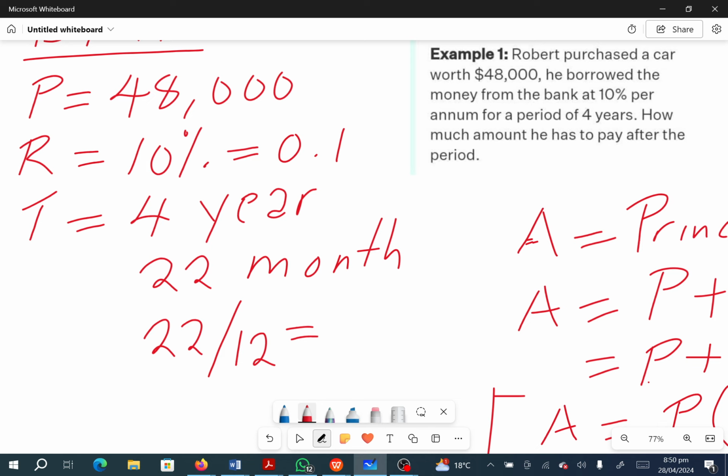So 22 divided by 12 is 1.83, and this becomes your time per annum. The formula for solving interest always computes in annums, so it is important that when you are given the question in months, you convert those into years. I thought that I should mention that to you as we make progress.